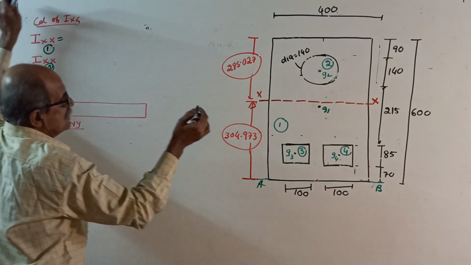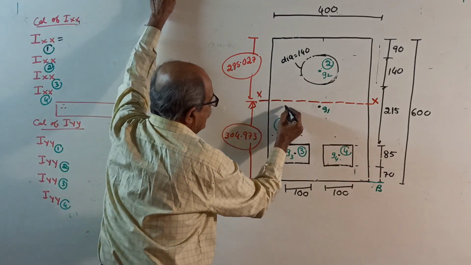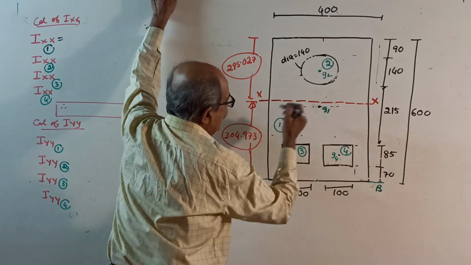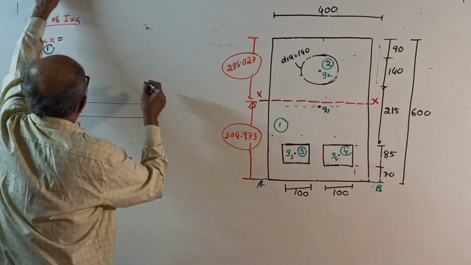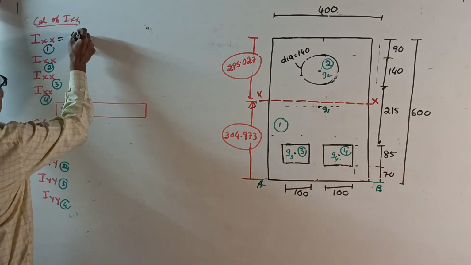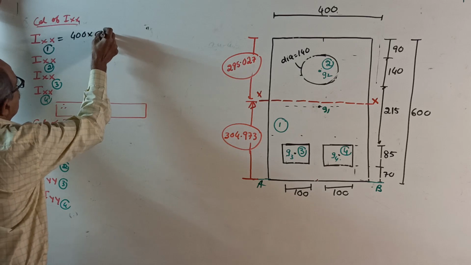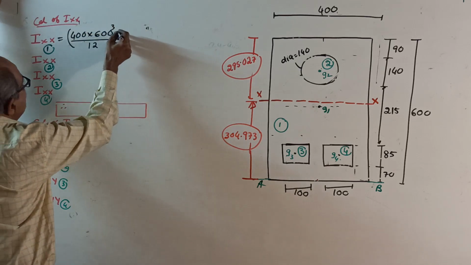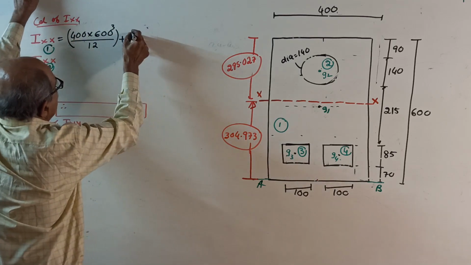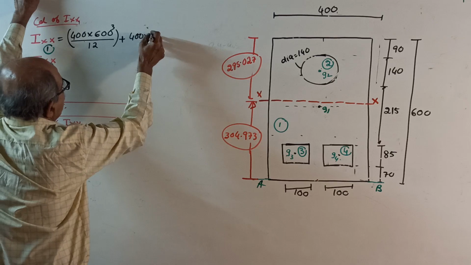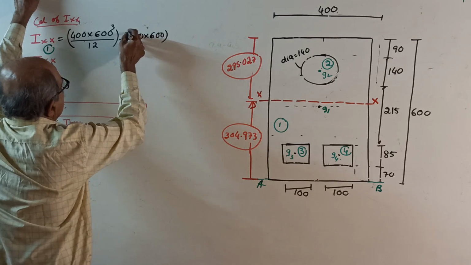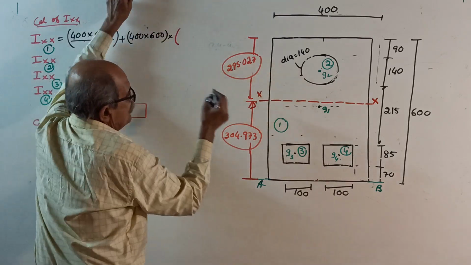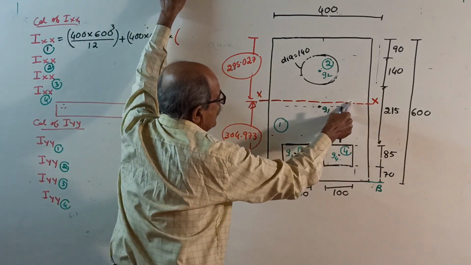Start. IXX. First about its own center. Part number 1, rectangle, own axis: 400 into 600 cube by 12, that is IG, plus area, 400 into 600 is the area, into the distance from centroid G1 to XX.